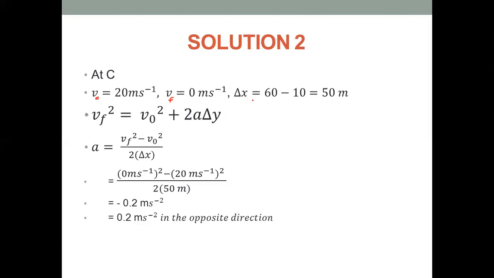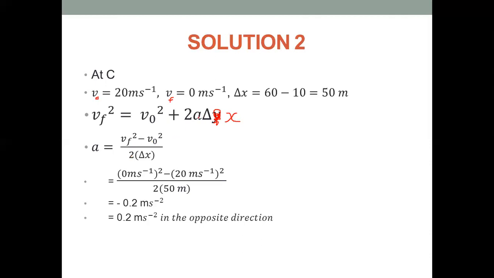So we have the displacement, which is now 60 minus 10, which is 50. We can apply this equation, which says V final squared equals V initial squared plus 2a delta x, because the object is moving horizontally.